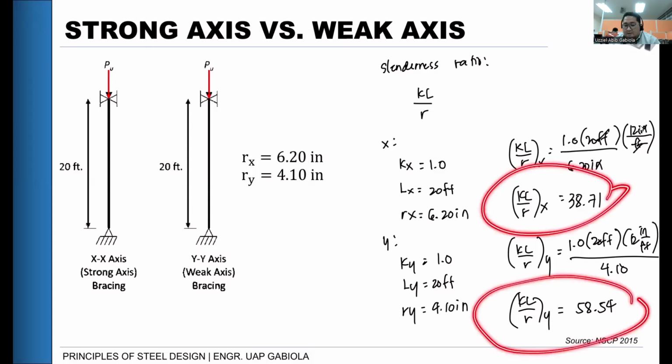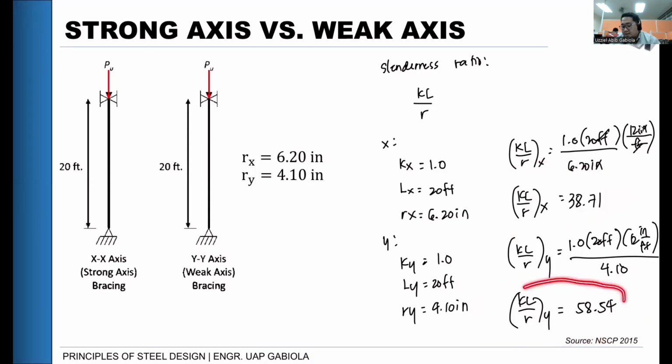Okay? Again, ang magiging critical sa atin is whichever is larger. Again, the larger the value of KL over R, the lower the value of our stress. Okay? So, since yung Y ang ating mas malaki ang value, ano ibig sabihin?